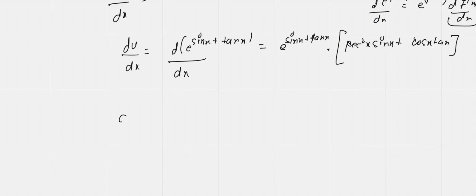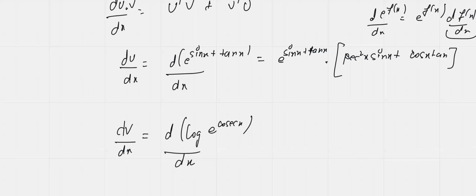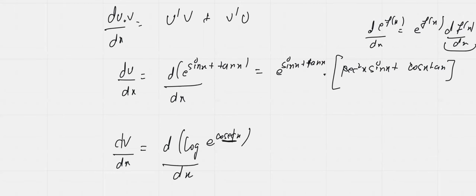The rest is dv by dx. What is the differentiation of log of e to the power cos x? Wait, I have done it here as u dot v, but it should be u plus v.